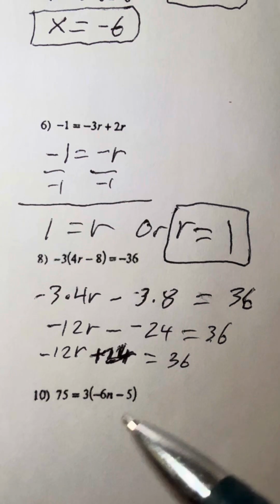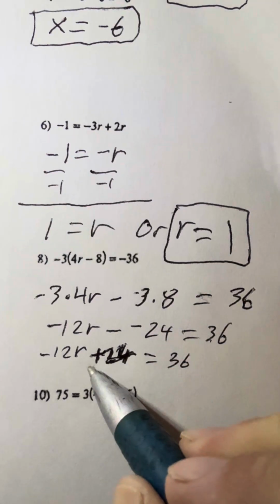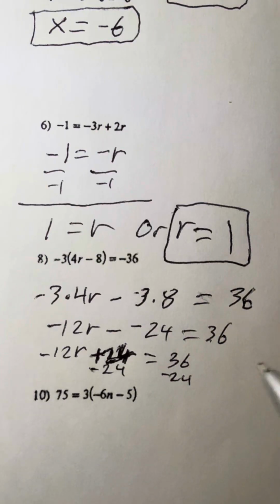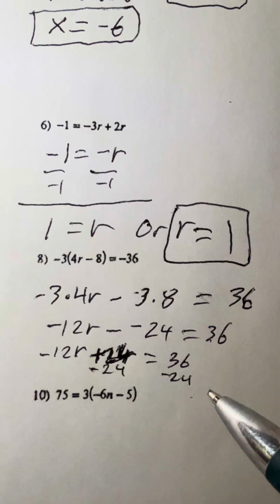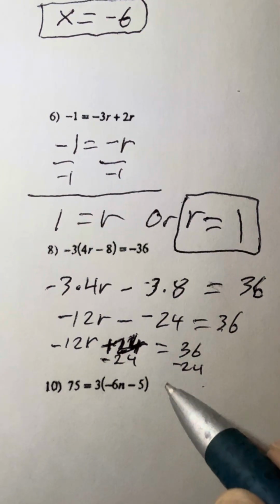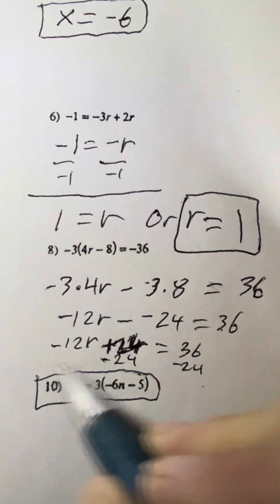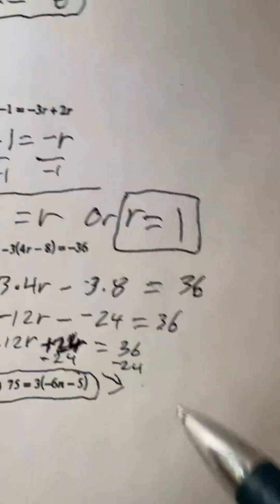Okay, now we need to get r by itself. So first we subtract 24 from both sides. I'm just going to work lower.